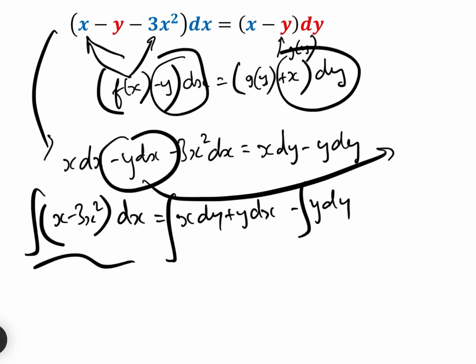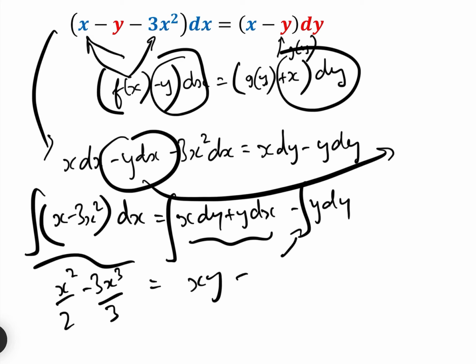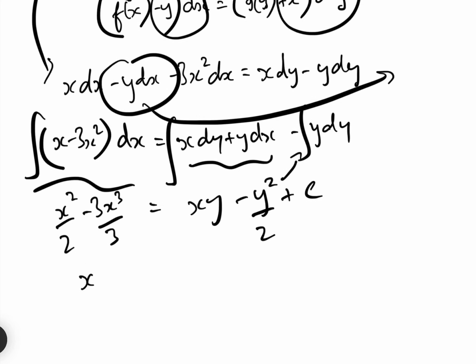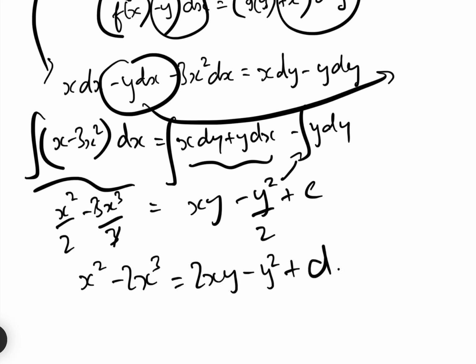This is simple. That will just be x squared over 2 minus 3x cubed over 3 equals this. Well, we've already discussed this. This is xy, and that is simply minus y squared over 2 add c, so i.e. x squared minus 2x cubed equals 2xy minus y squared add whatever, some constant d.